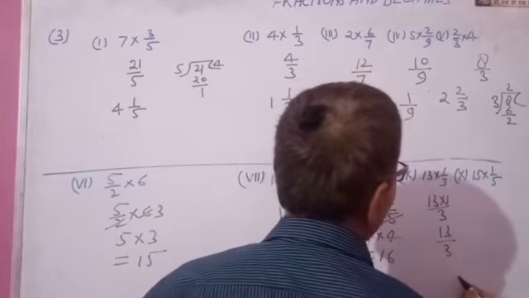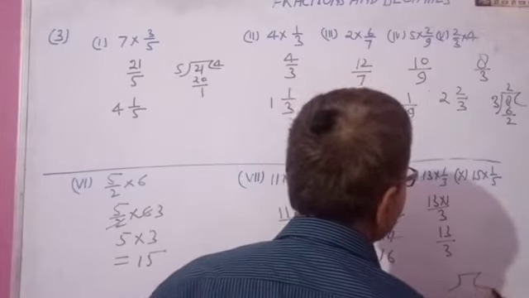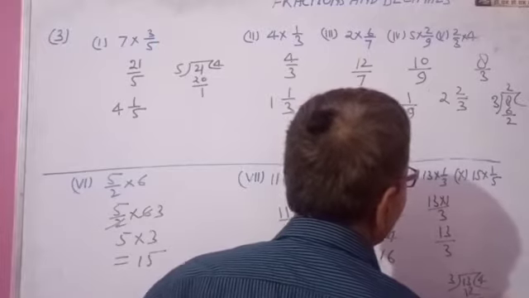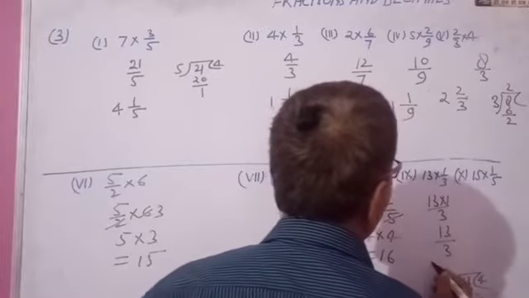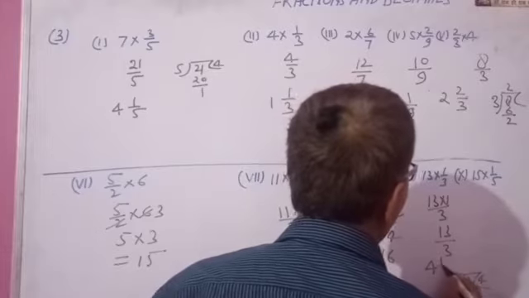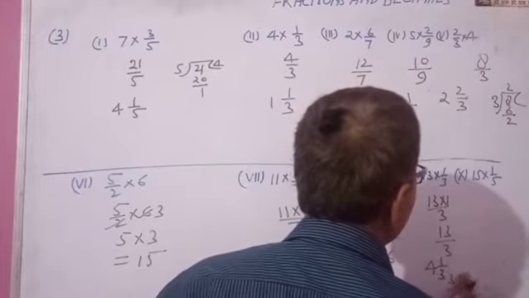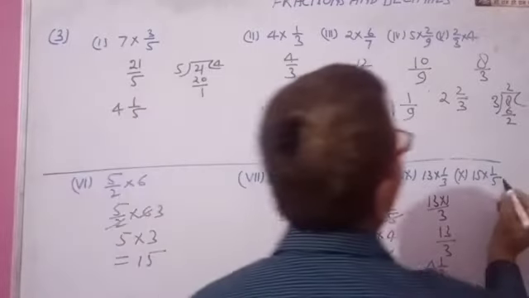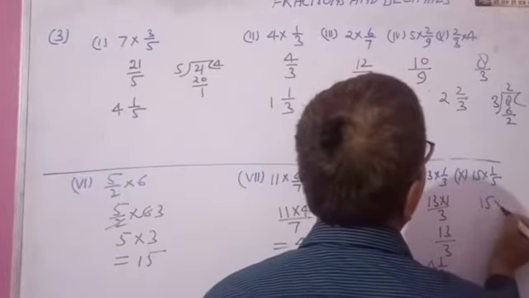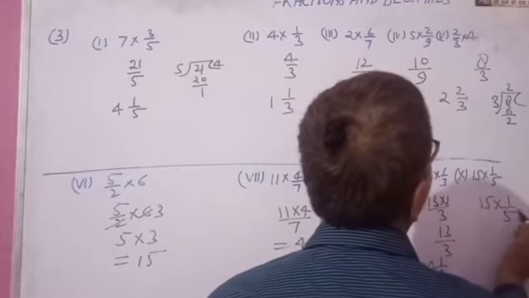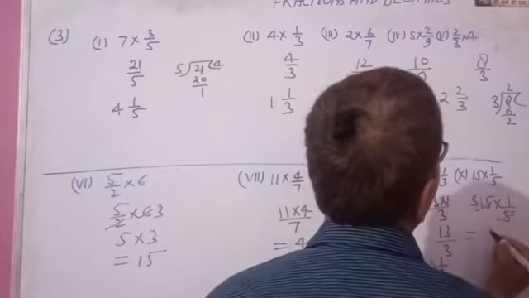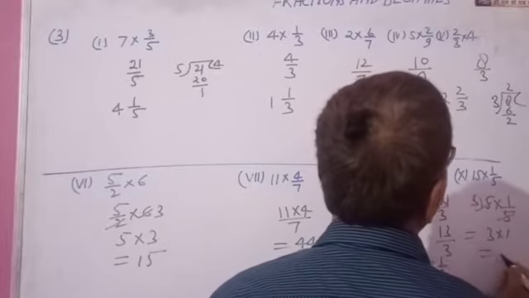Now you can change into mixed fraction: 3 4s are 12 and 1, 4 whole 1 upon 3. Now 15 multiplied by 1 upon 5, 5 3s are 15, that is 3 multiplied by 1 that is 3.